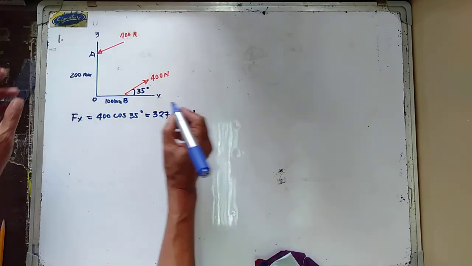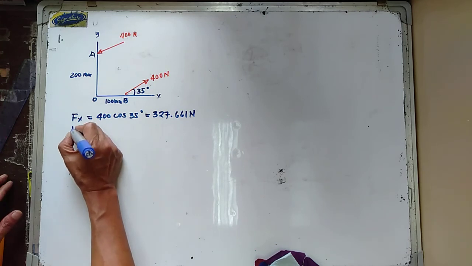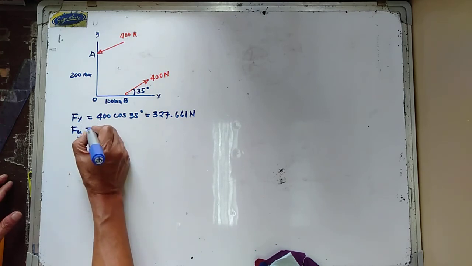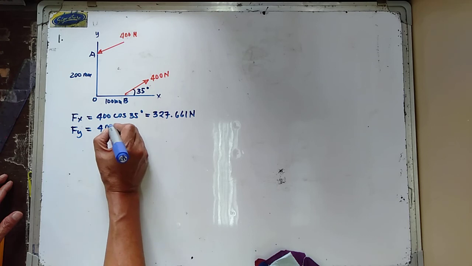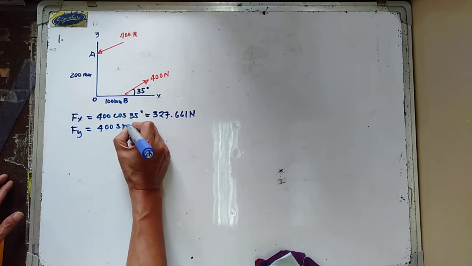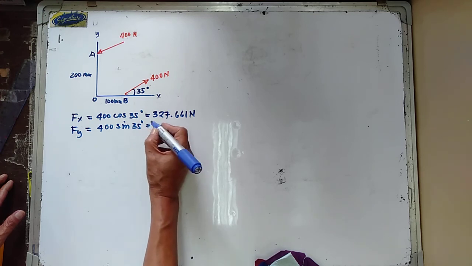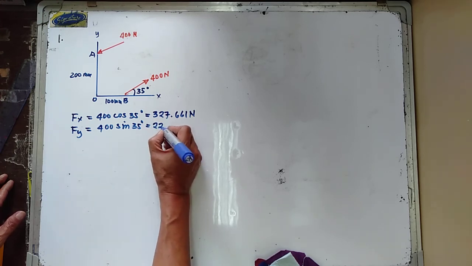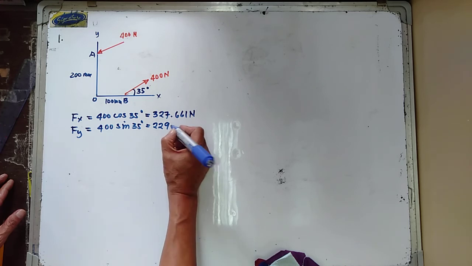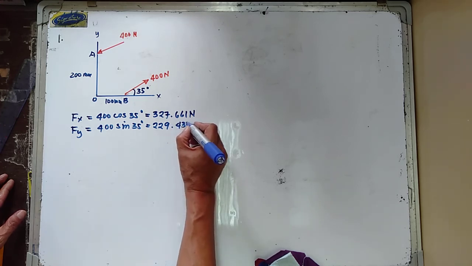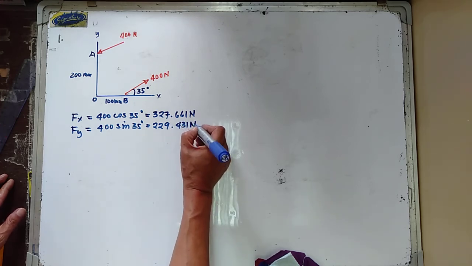And the component in the y direction is now equal to 400 sine of 35 degrees, which is equal to 229.431 newtons.